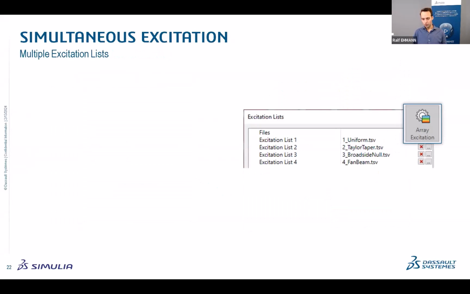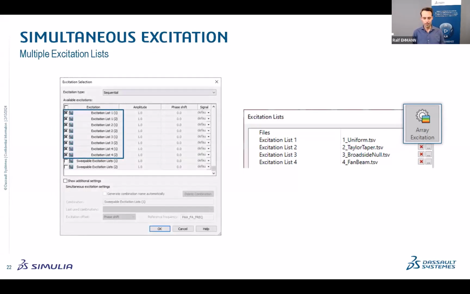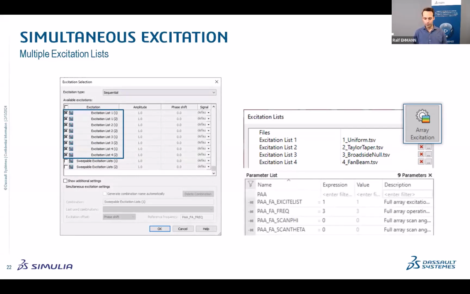But as I showed, you can also load multiple excitation lists beforehand, and they are just populated then in the solver excitation list, and you're able to control the sweep through the indexes. In this case, you can see there we have 4 lists, but there's 2 ports per element. So basically, it's a dual linear polarized array, which means you end up with 8 excitation lists.